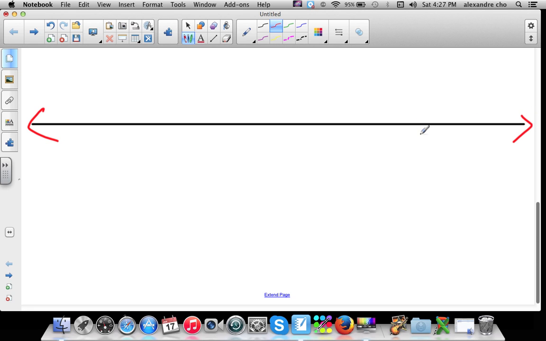Again, I'm going to draw a basic one. Positive numbers, negative numbers. 0, 1, 2, I might need 3, I think. -1, -2, -3. Okay, so let's do them in order.